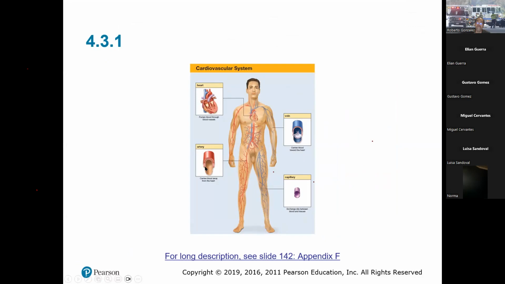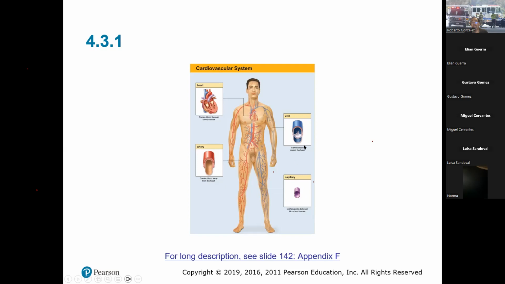You have the blood vessels, which are your arteries, thicker in wall as opposed to the veins, which are thinner in the wall. Also, some of the veins have valves, as opposed to arteries that don't. Usually veins bring blood back to the heart, while arteries take it away from the heart.